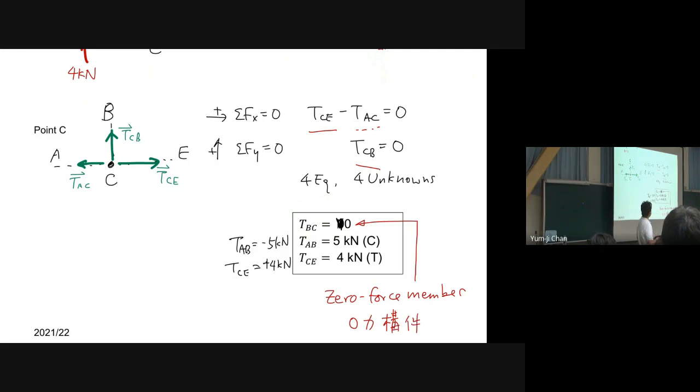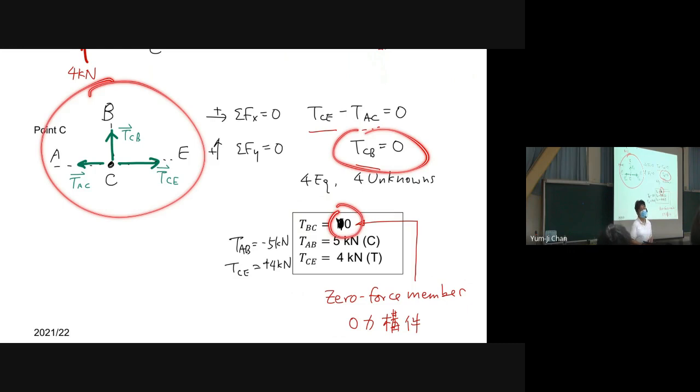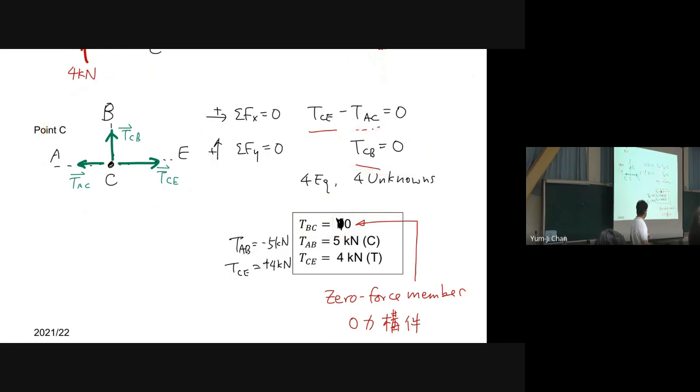Some professors like talking about this, but I don't, and I won't spend time discussing this. But sometimes it is normal that after calculations, you will find some of the members have zero force in them. It is normal, and it has a name, but I don't think it is useful.